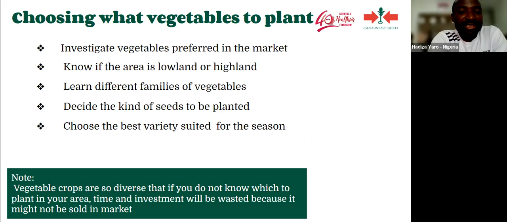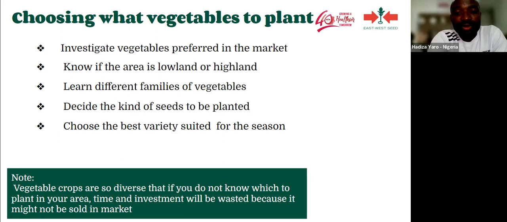The next step is knowing if the area is a lowland or a highland area. This will guide you in choosing a variety to be planted. For instance, you are in a lowland area.